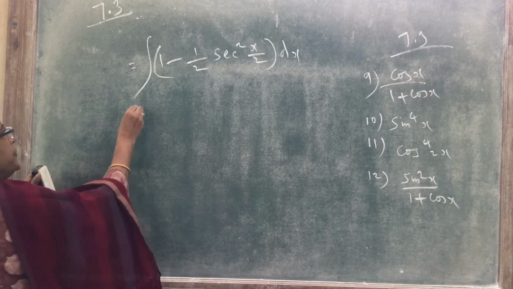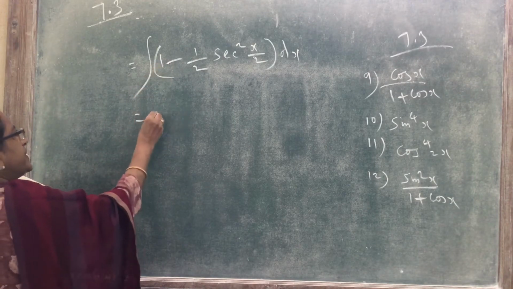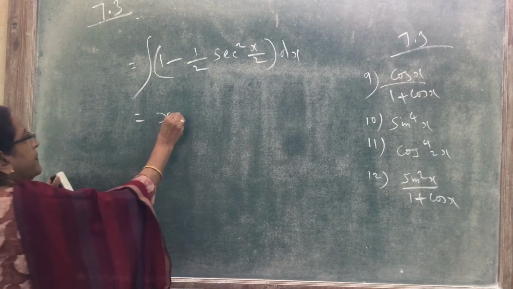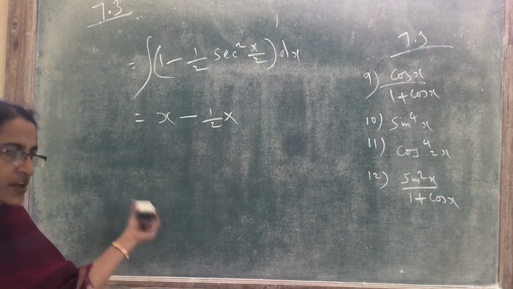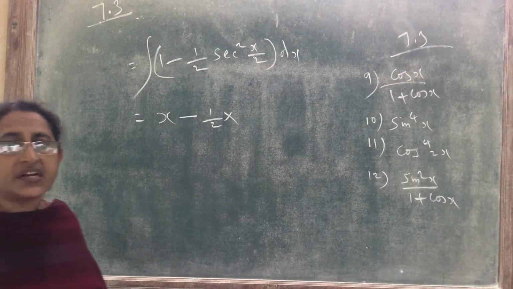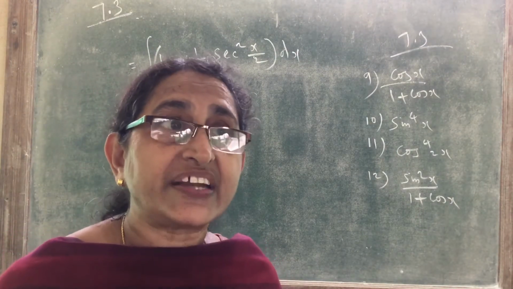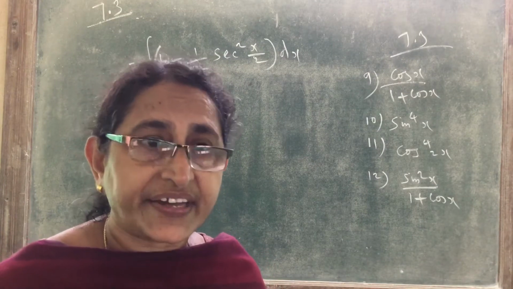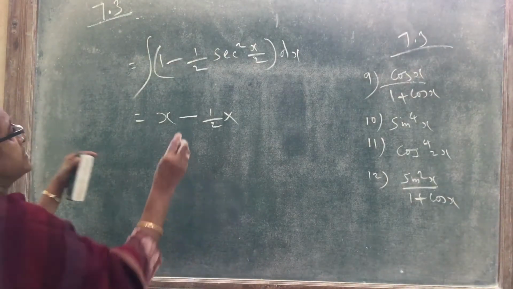Now we will do the integral of each term. What is the integral of the first term? The integral of 1 is x, minus 1 by 2 into, what is the integral of sec square x by 2? Just now we wrote, the integral of sec square x is tan x.